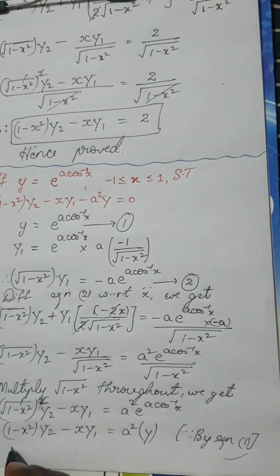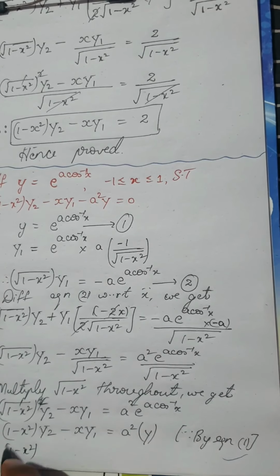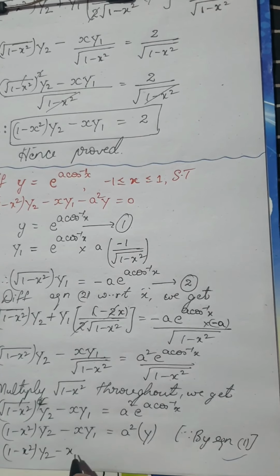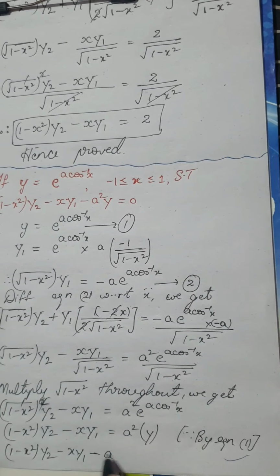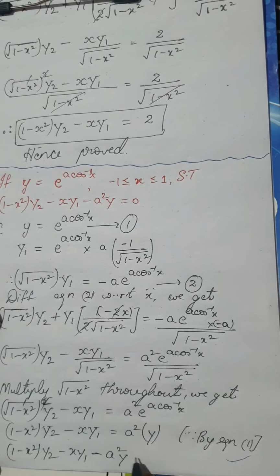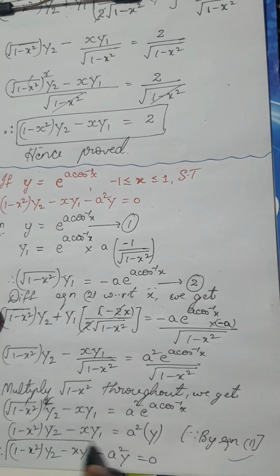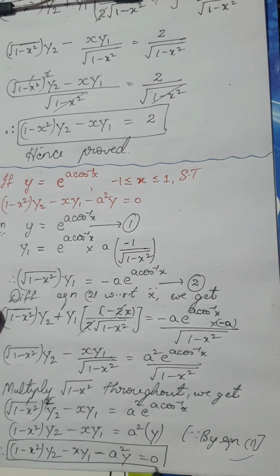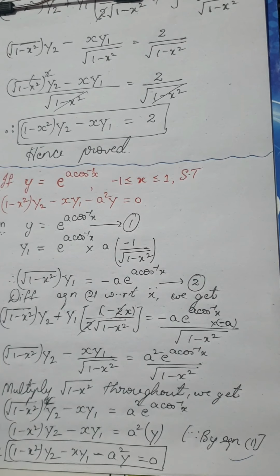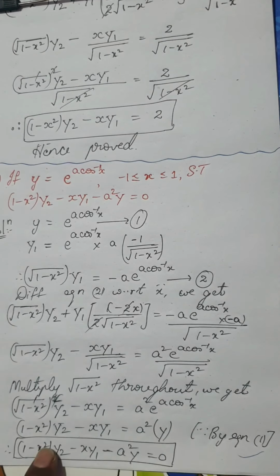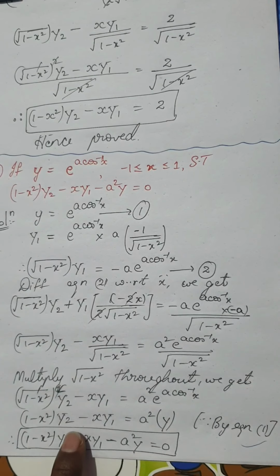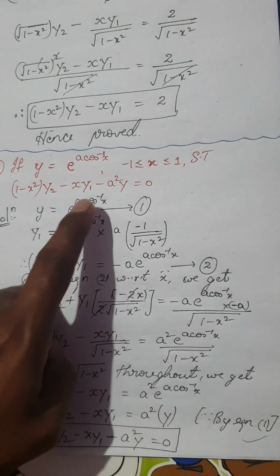I am going to get the result. So it is 1 minus x square into y2 minus x into y1 minus a square into y is nothing but 0. Happy? So that is what I was supposed to prove. 1 minus x square into y2 minus x into y1 minus a square y is equal to 0.